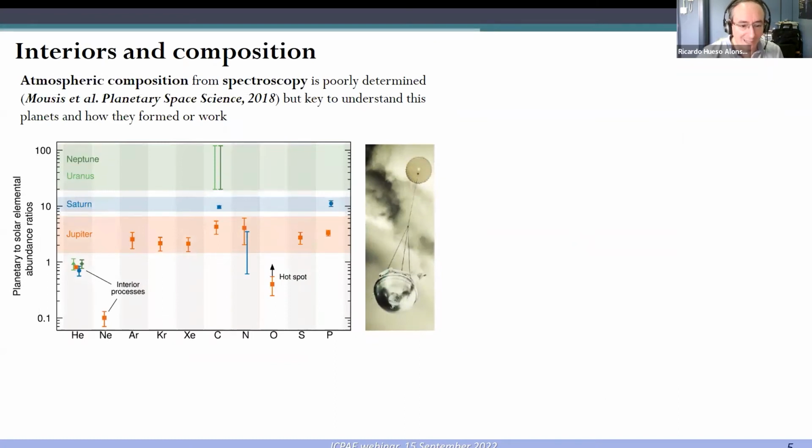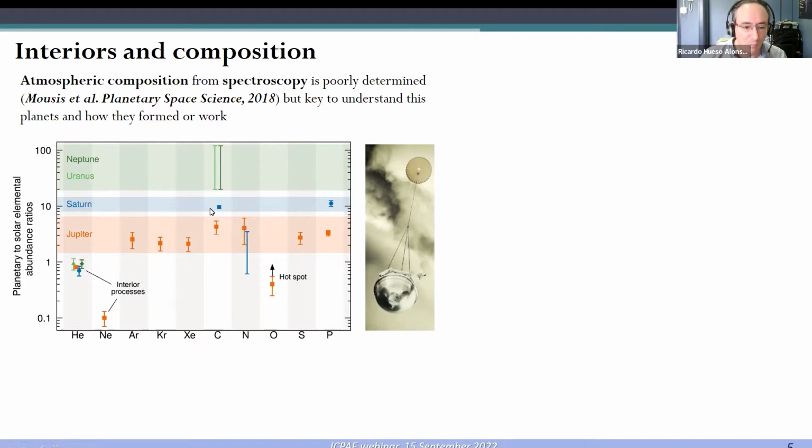When the Galileo probe entered into Jupiter, it found an atmosphere made of hydrogen and helium, in which volatiles like oxygen, which makes water, or nitrogen, which makes ammonia, or carbon, which makes methane, were enriched. For water, it was not enriched. There was a mystery of missing water. This is because of the local meteorology that occurs at the location where Galileo entered. But also there were other chemical elements like krypton, argon, and xenon, noble gases that are enriched.